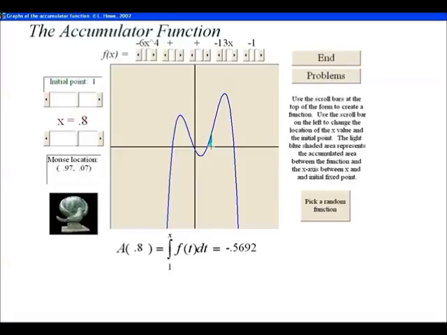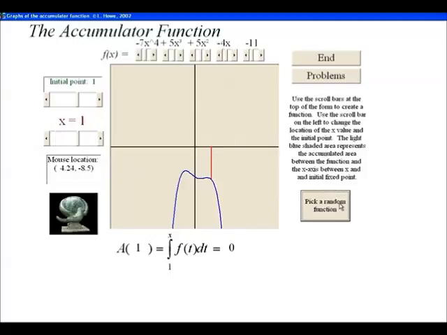When you read backwards and you go from right to left instead of left to right, areas above the x-axis are negative and those below are positive. So watch when we start picking this up, the area gets positive again, and then now we're adding more negatives, and now we're going to add a bunch of positives. I hope you followed that.